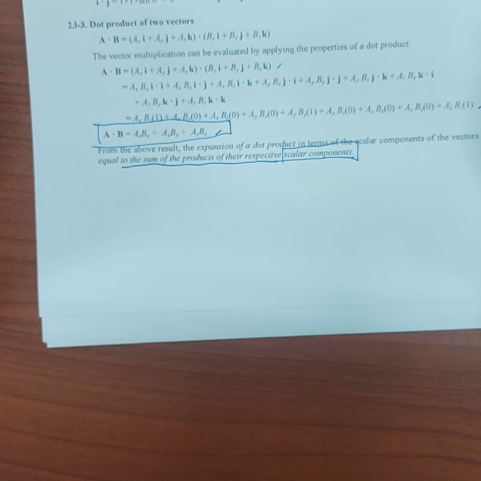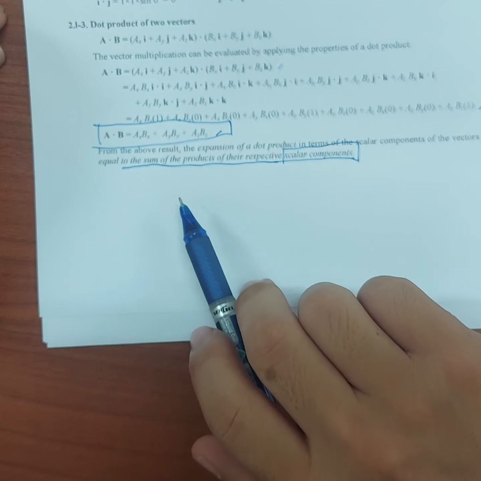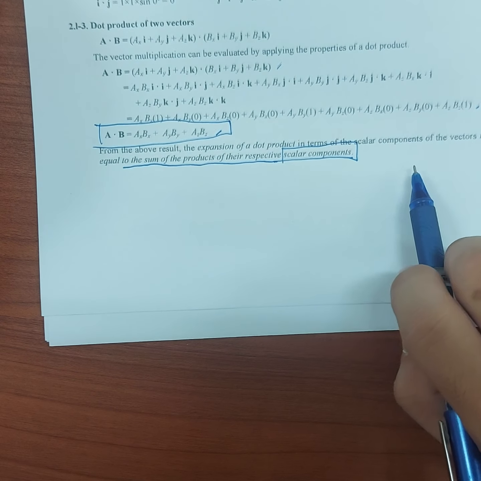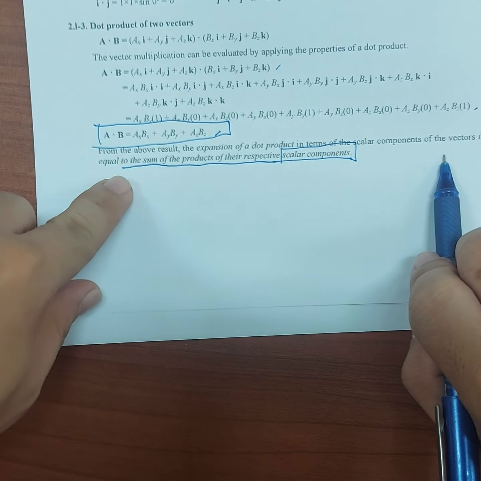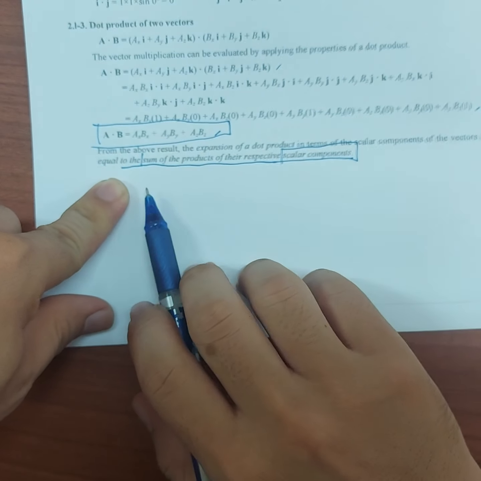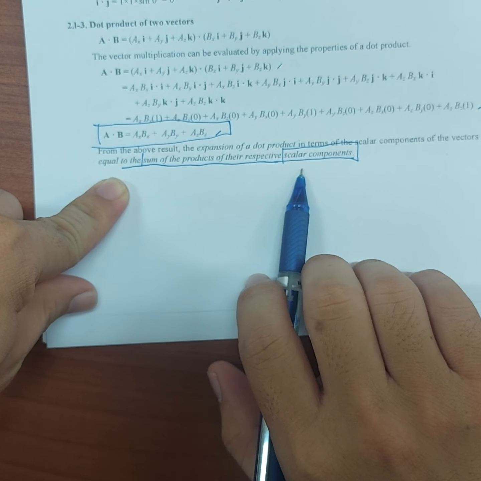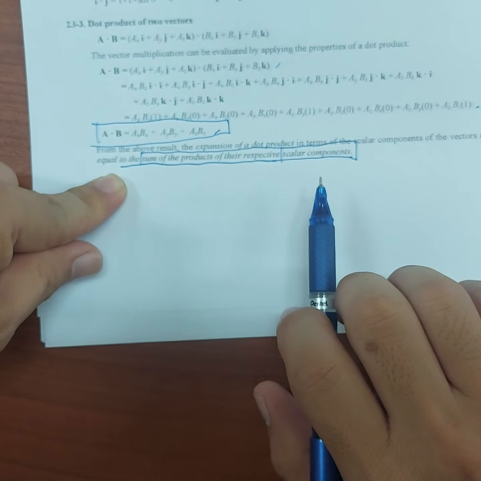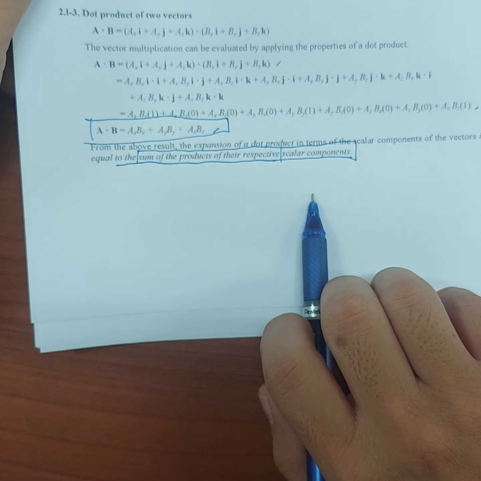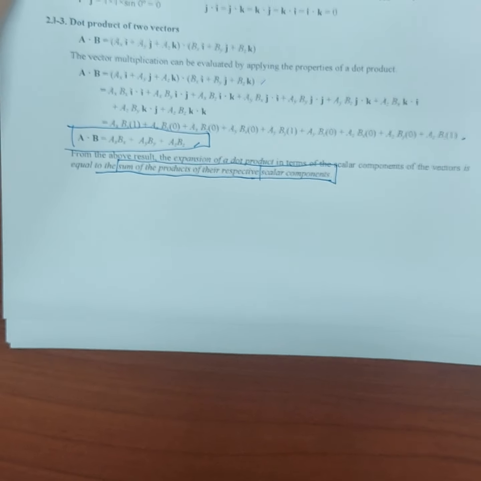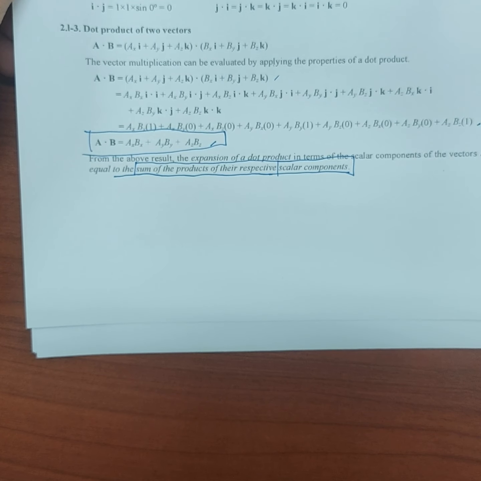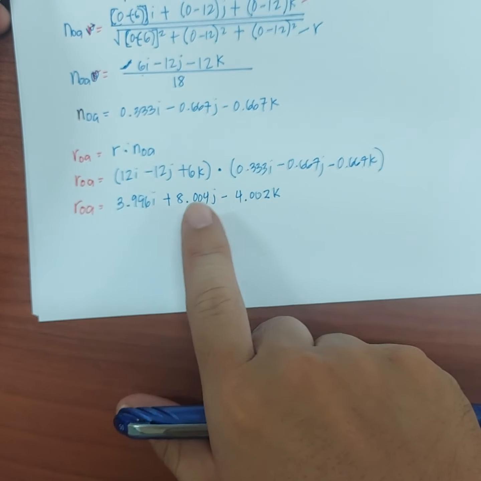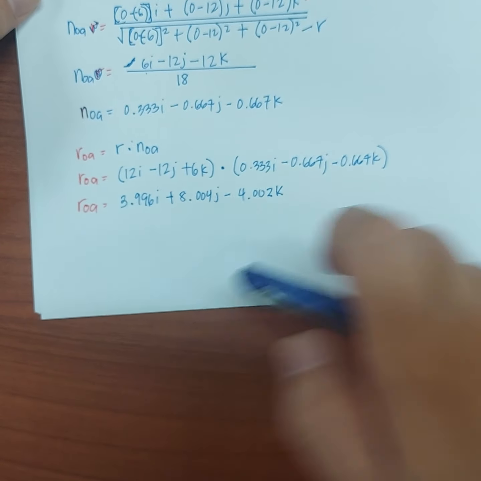Let me repeat it so we don't forget: the expansion of a dot product in terms of the scalar components of the vector is equal to the sum of the products of the respective scalar components. Which means we add all of these.